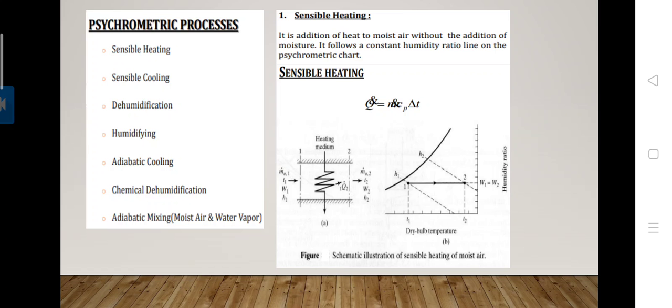Similarly for sensible cooling, the air is passed over a cooling coil or cooling medium. The coil may have refrigerant at low temperature evaporating inside the coil, cooling the air flowing over the coil. We see them one by one.